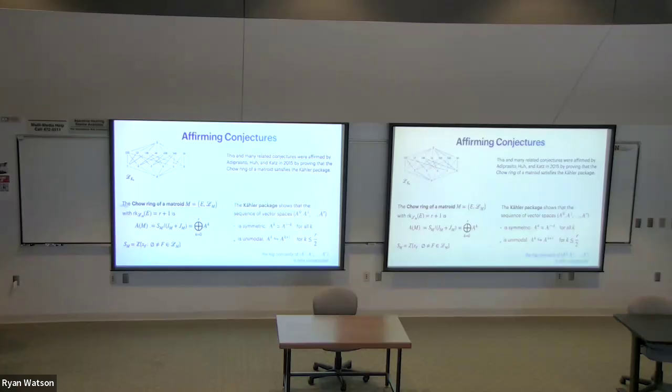The Kähler package says a bit more than this, but for our purposes, the consequence of it is that complementary degrees in the sequence of vector spaces of the Chow ring are symmetric, meaning that complementary degrees are isomorphic, and unimodal, meaning that up to the halfway point, I can inject the smaller vector space into the larger one.